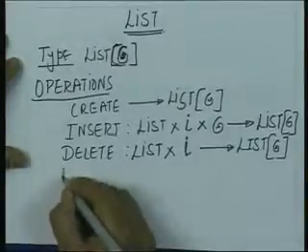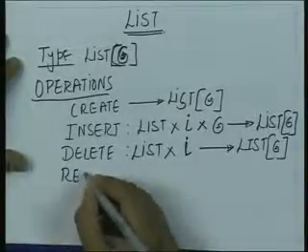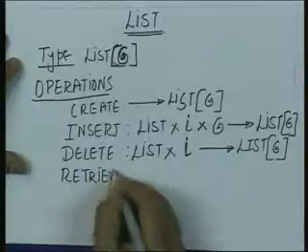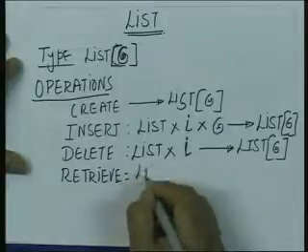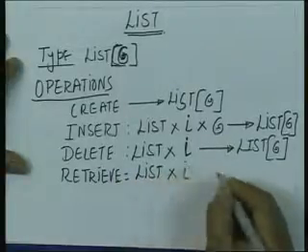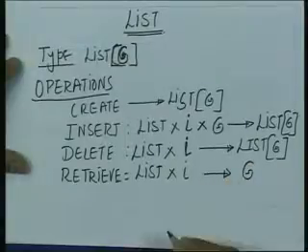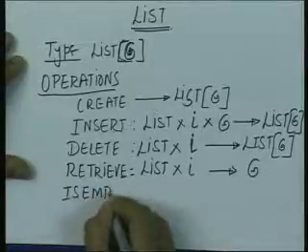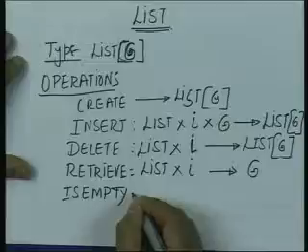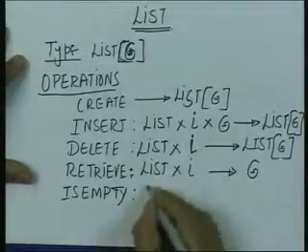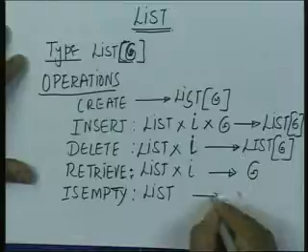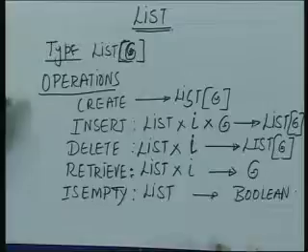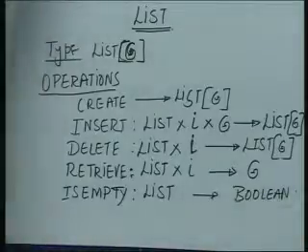Now you can also have a retrieve operation, taking a list and an index, and it returns an element of type G. Similarly, you can have an is empty check, just like we had in the case of a stack, and is empty takes a list and simply returns a boolean to show whether this list has any elements within it or not.